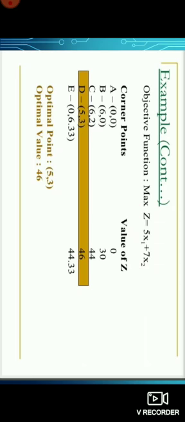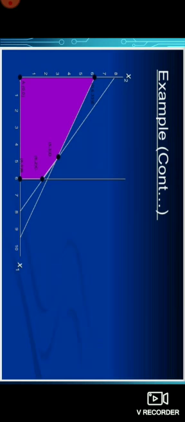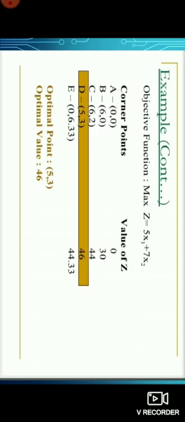And the corner points: A is corner point (0, 0), B is corner point (0, 6.33), C is corner point (5, 3), D is corner point (6, 2) and E is corner point (6, 0). For A, corner point (0, 0), we put x1 equal to 0 and x2 equal to 0.